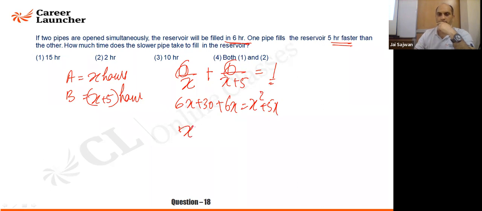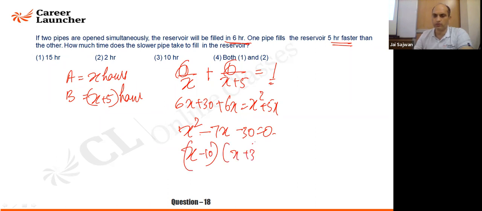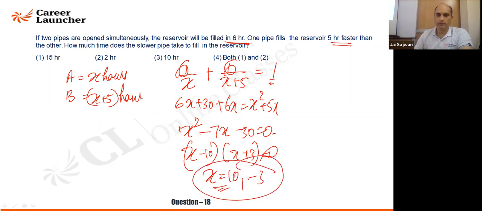So this is x square minus 7x minus 30 equal to 0. Factorizing, x minus 10 and x plus 3 are the two values. Of course, x is equal to 10 and x is equal to minus 3. Time cannot be negative. That's why it comes out to be 10 hours.